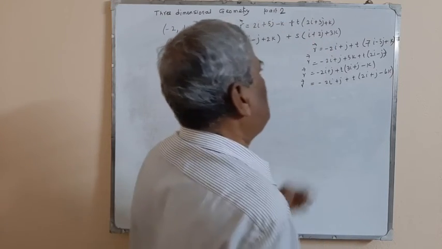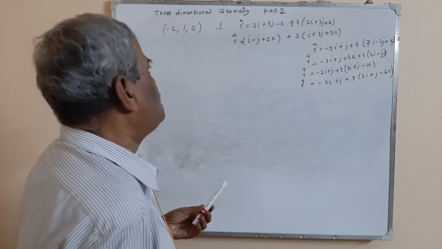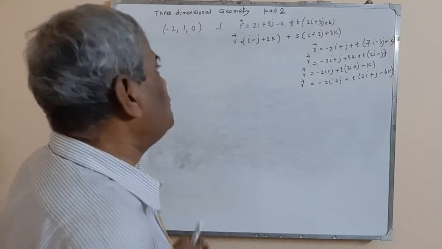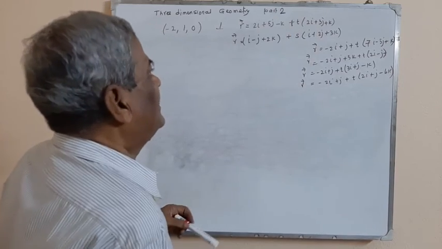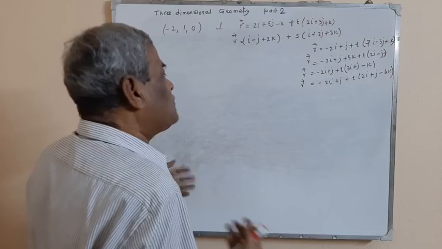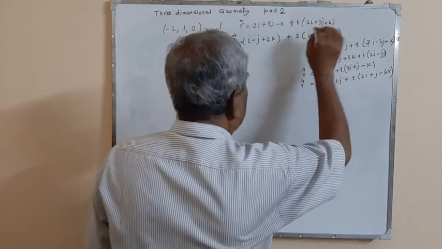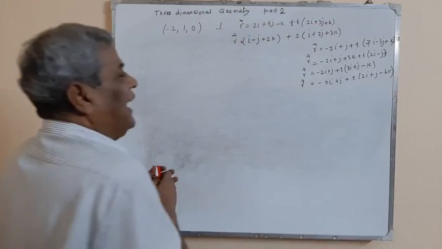Similarly, for this, we have to find a vector equation of a straight line which passes through that point and which is perpendicular to both this and that.